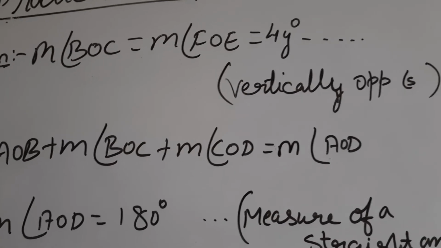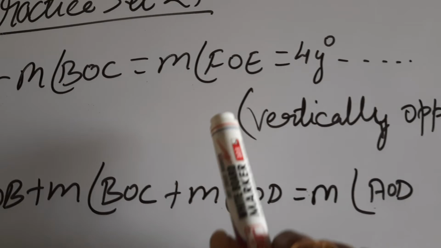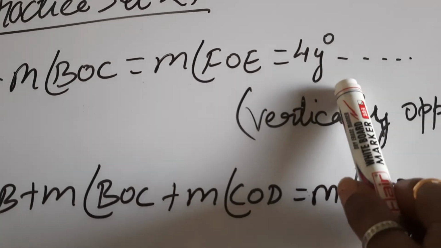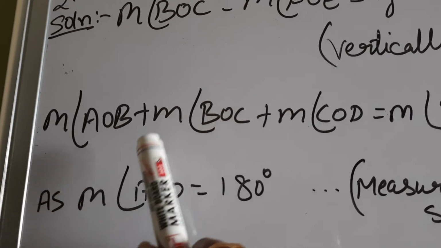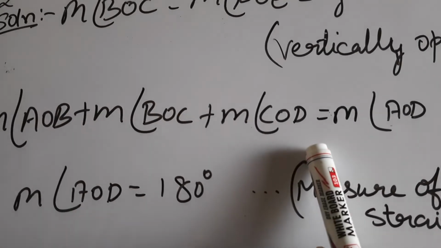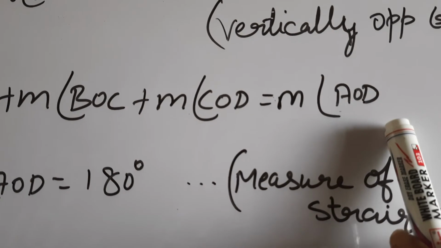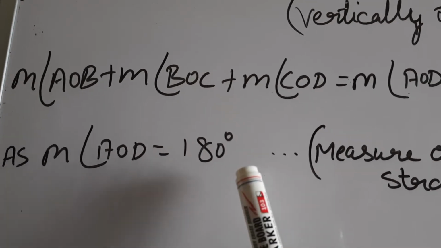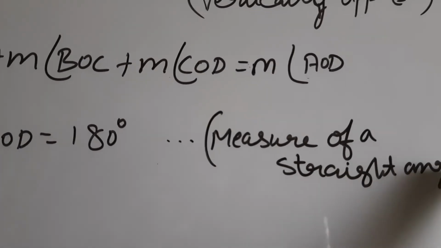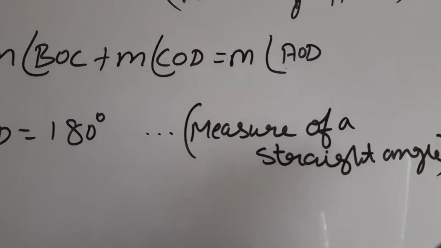So measure angle BOC equal to measure angle FOE is equal to 4y degree, vertically opposite angles. Measure angle AOB plus measure angle BOC plus measure angle COD is equal to measure angle AOD, as measure angle AOD is equal to 180 degree, the measure of a straight angle. Okay, it's a straight angle.